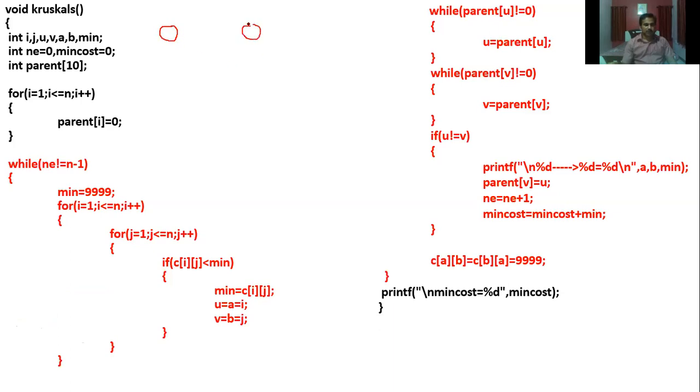I'm considering n is equal to 5. That means I'm supposed to have 5 vertices, right? And there is a connectivity, something like this.